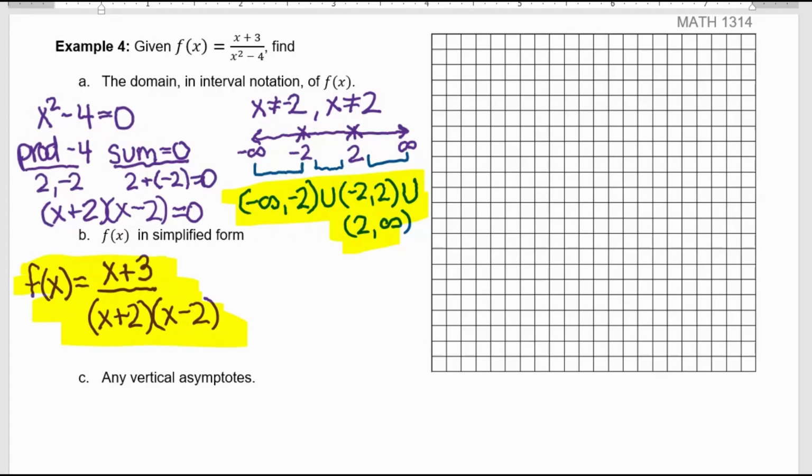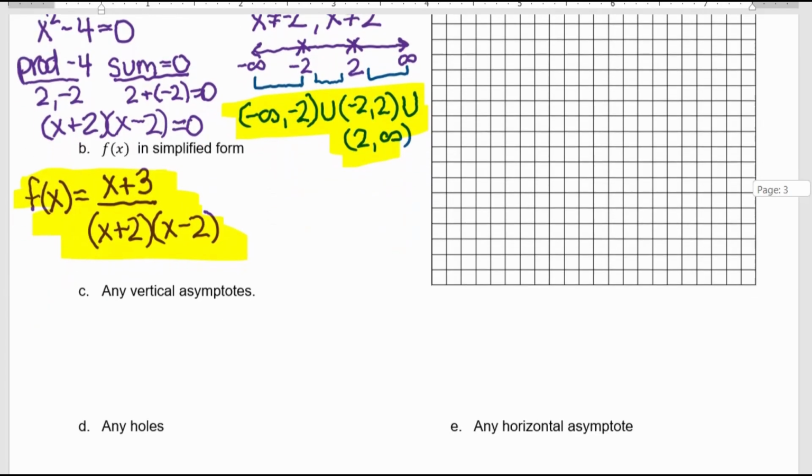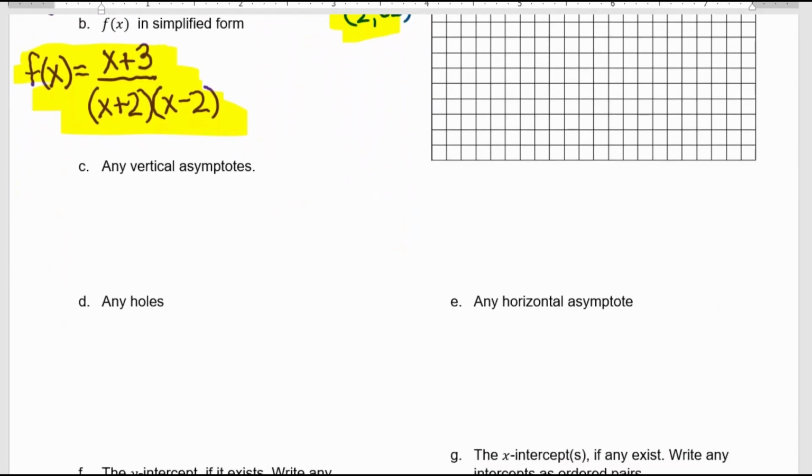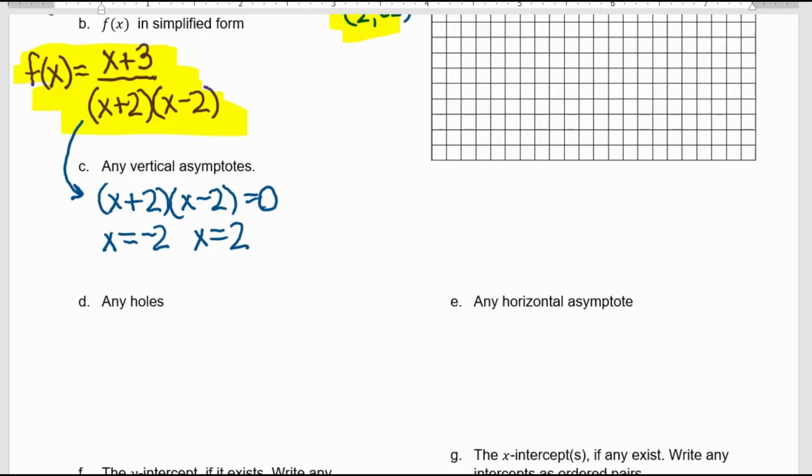With our vertical asymptotes, remember those come from the simplified form's denominator. So anything that is in the denominator still in our simplified form, we are going to take and set equal to 0. We find that we get x equal to negative 2 and x equal to 2.